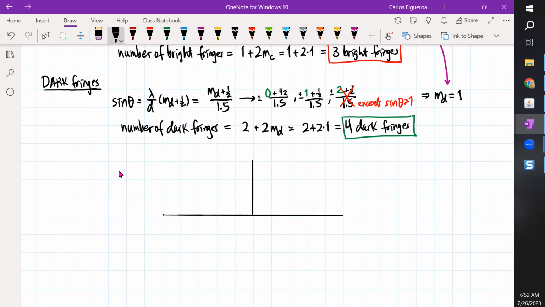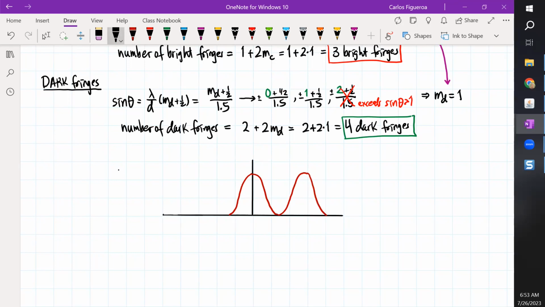So these guys are going to look something like this. These are not going to be symmetric either. I'm going to try to keep these to 2 squares, a little over 2 squares, I think is what I did on this one. So these have to be fatter. So there's one, and then I only have one more bright fringe. Because of the small angle approximation being violated, this guy has to be wider.